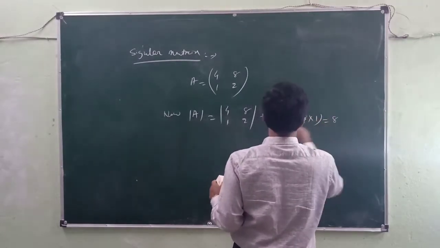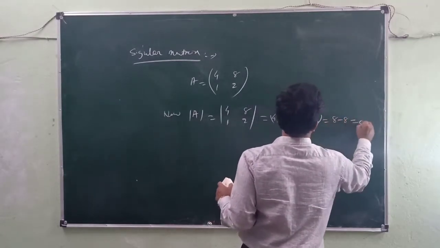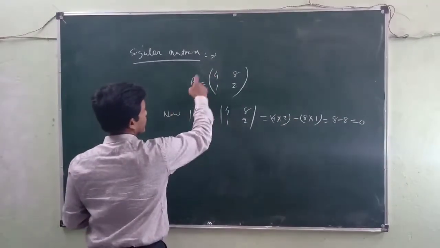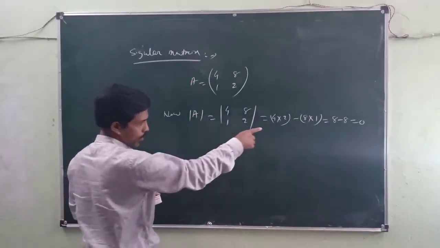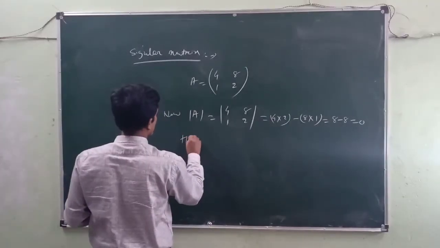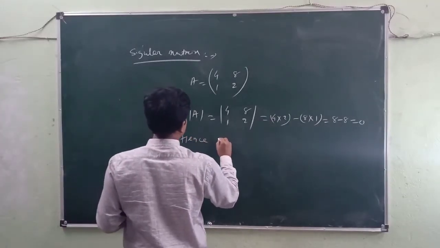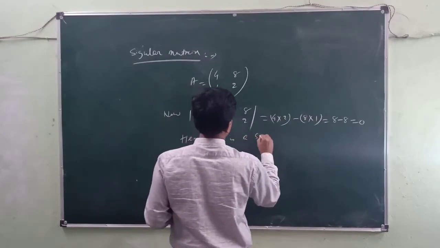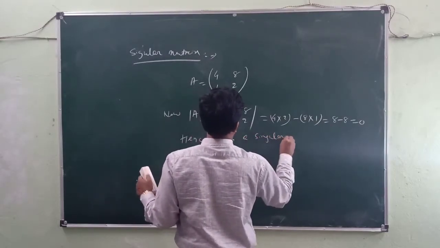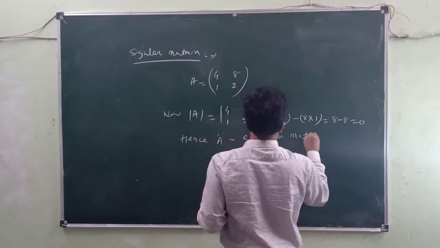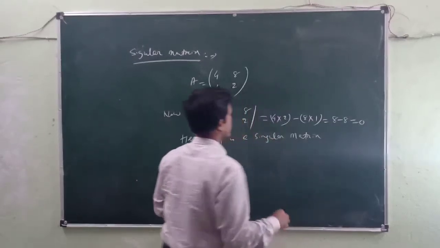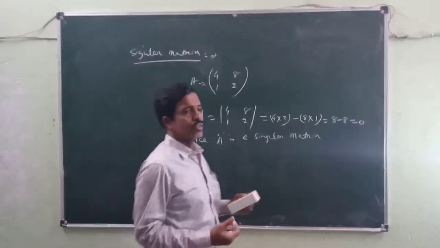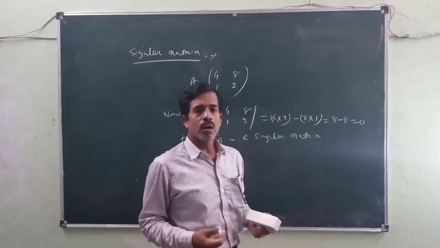It will be 8 minus 8, that is 0. So the determinant value of matrix A is 0. Hence we call A a singular matrix. Similarly, you can check which matrices are singular or not.